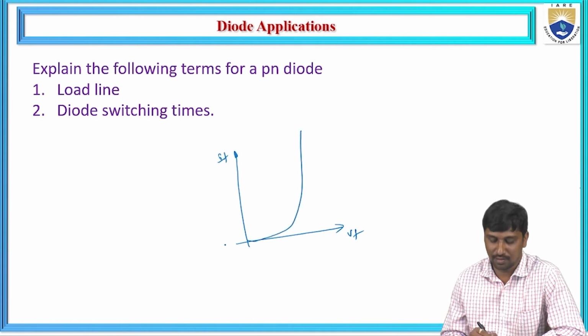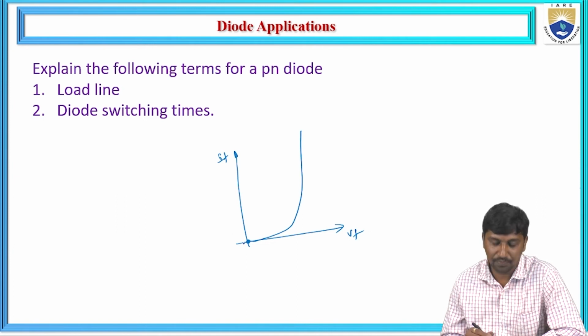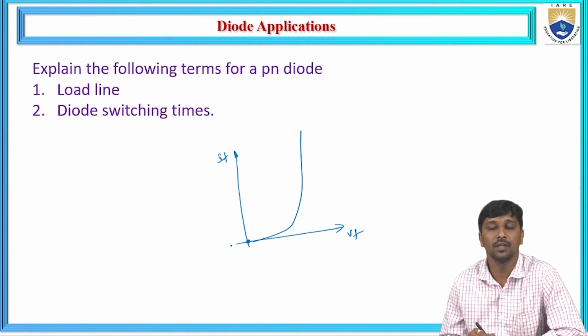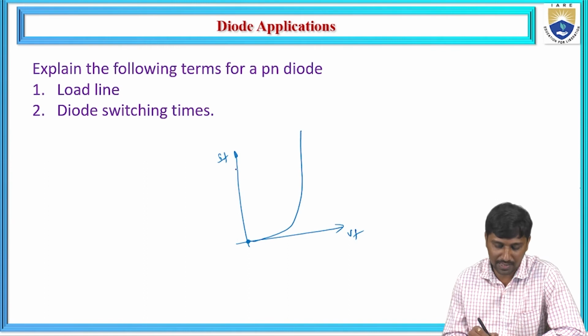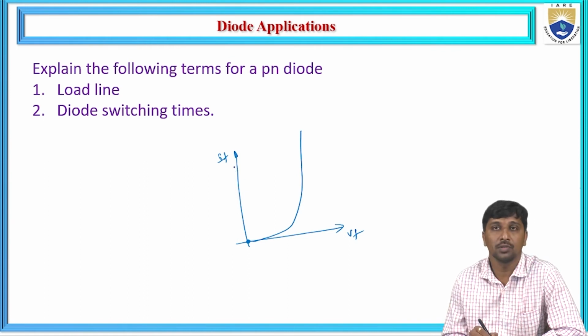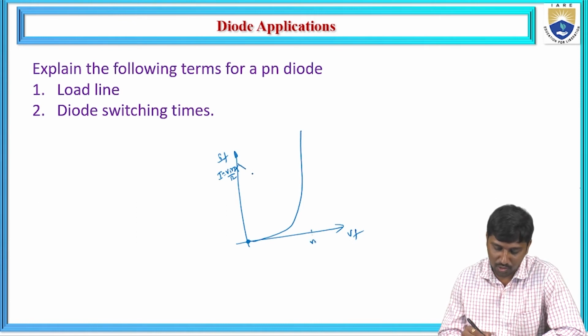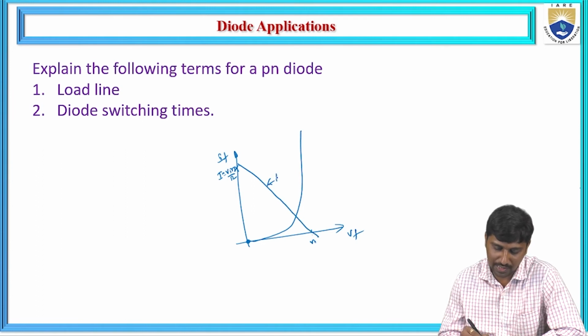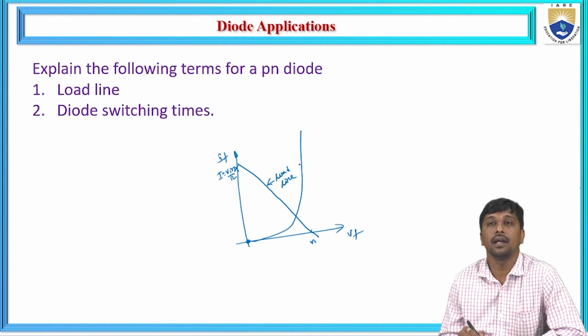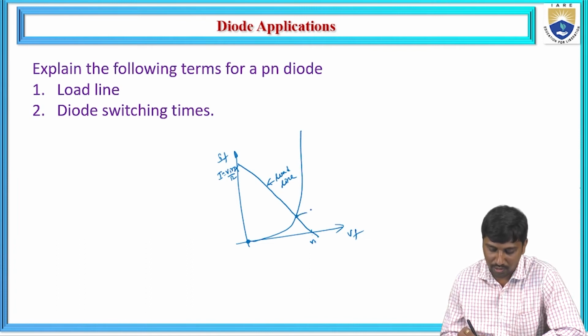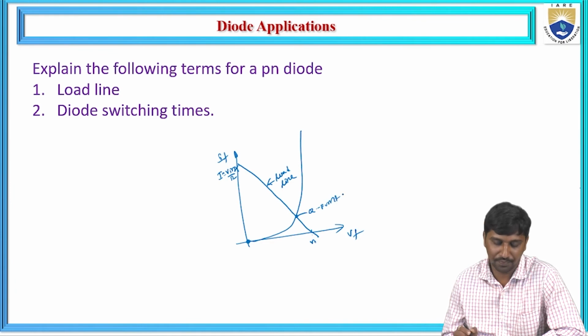We know that when Vin is zero, it offers the maximum current, that is Vin by R, and the maximum diode voltage. Then draw these two coordinates, and these two coordinates indicate the load line, and it intersects the characteristic at one point. This point is called the Q point here.